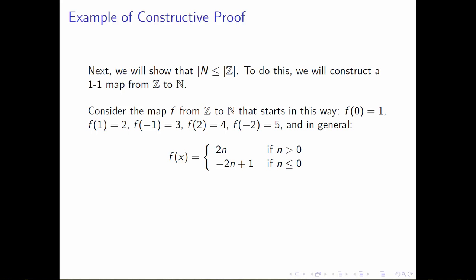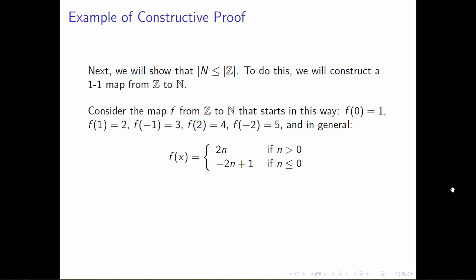Now, notice that this map really does go from the integers to the natural numbers. So we've ensured that every integer, positive, 0, or negative, has a definition according to this function, and we've always mapped starting at 1, and we're always increasing from there. This really is a map from the integers to the natural numbers.